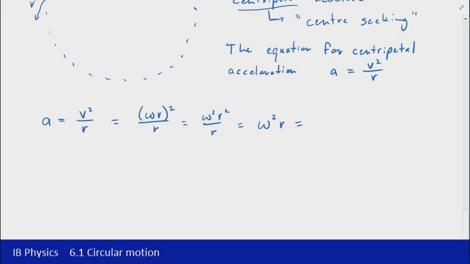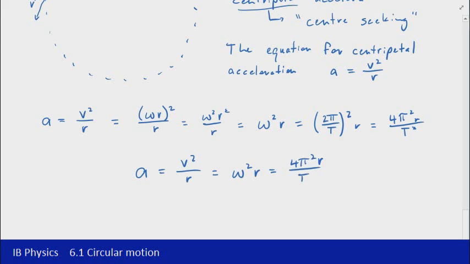On top of that, we also know that omega is equal to 2 pi on T, the period, so if we square all of that, the equation becomes 4 pi squared r on T squared. That's an alternative version that links the radius and the period. So to summarize, a is equal to v squared on r, which is equal to omega squared r, which is also equal to 4 pi squared r on T squared.